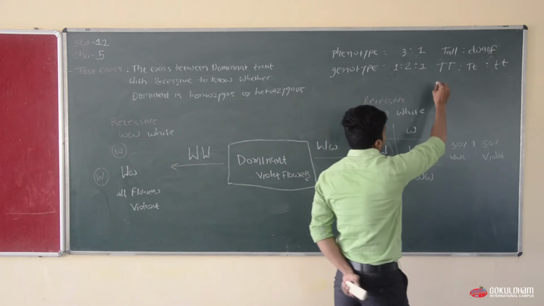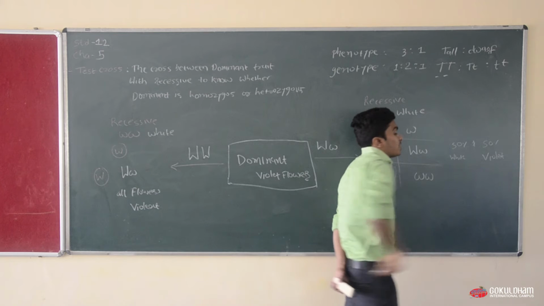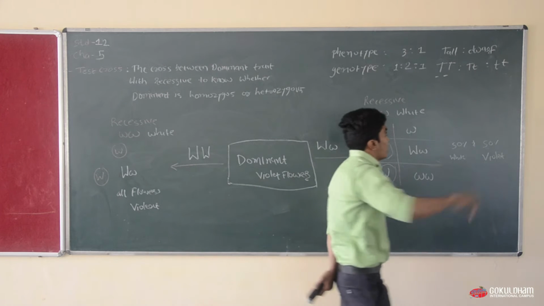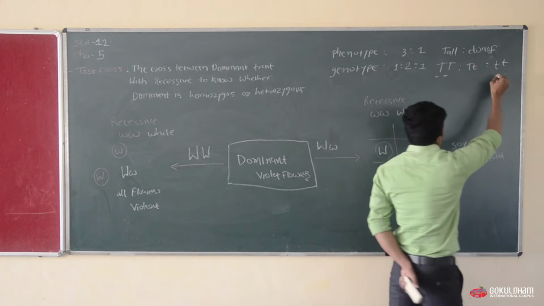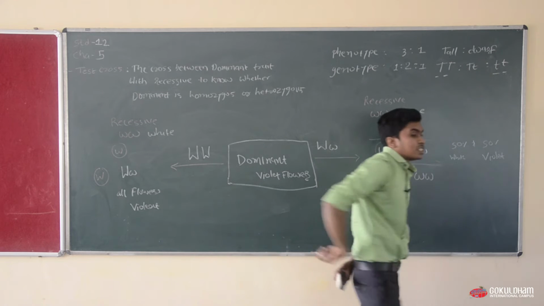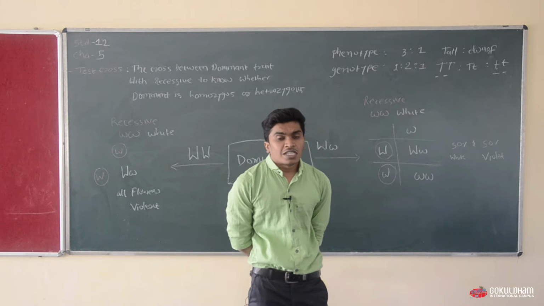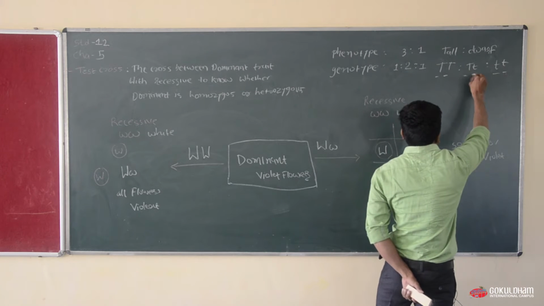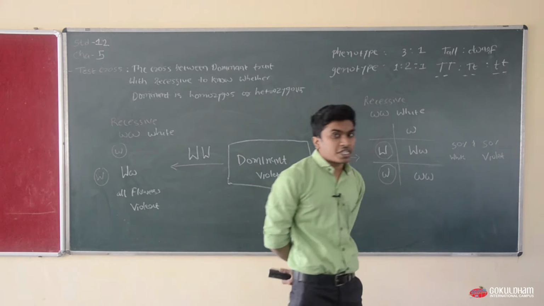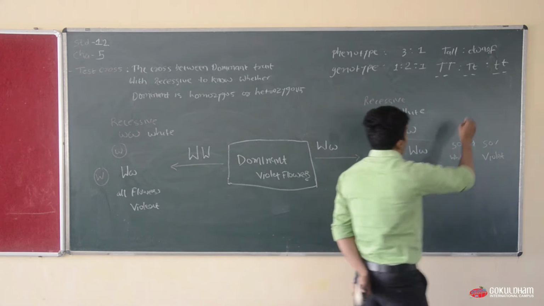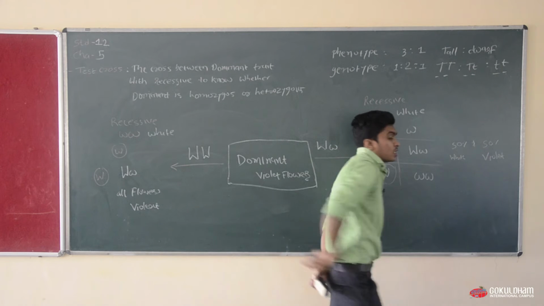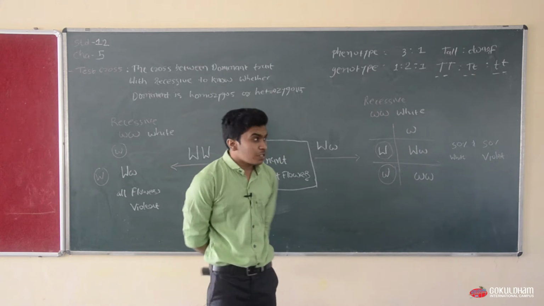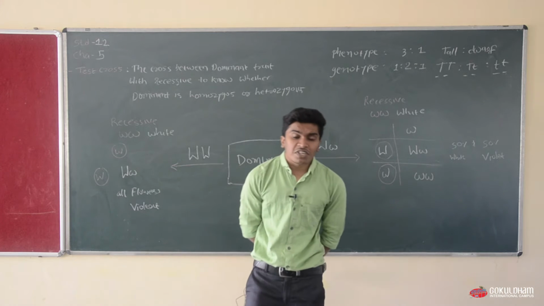Capital T capital T is responsible for formation of a tall plant, and small t small t is responsible for formation of a dwarf plant. And in the hybrid condition, capital T and small t, it is responsible for formation of a tall plant.